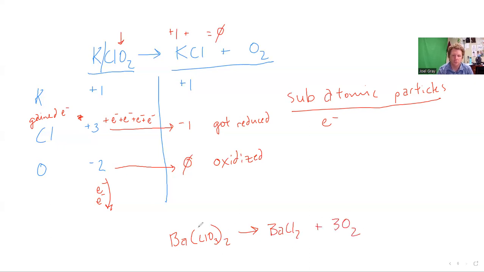This oxygen on the reactant side is a part of a compound, therefore it has an oxidation number of a negative or a positive, doesn't really matter. Over here, it exists as its diatomic, in which case it has an oxidation number of 0. So this is what is known as a redox reaction. Oxidation and reduction has taken place. A substance has gained or lost electrons along the way of this reaction taking place.